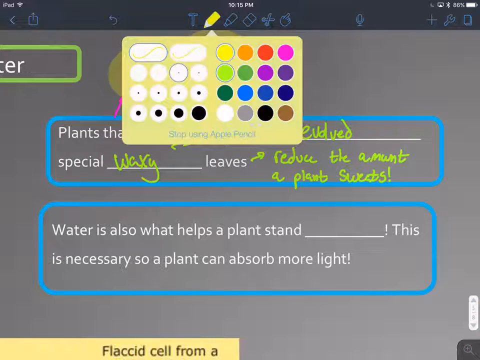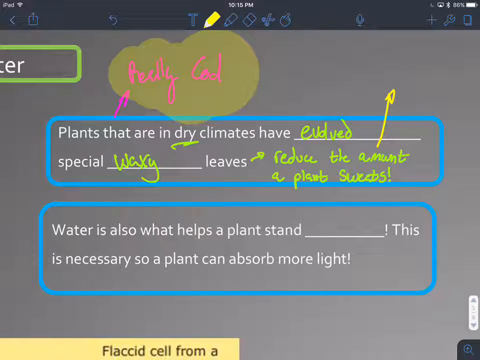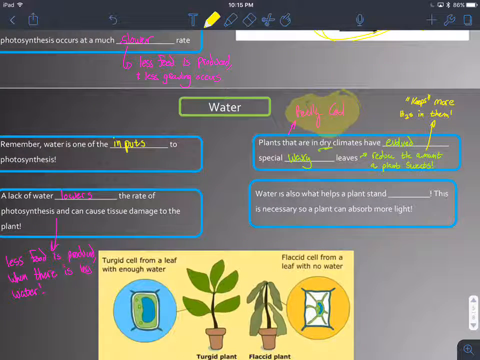Okay, and in turn, this keeps more water in them. So these waxy leaves can be very important, especially in desert areas or areas where there's lots and lots of sunlight and maybe not so much water. And if you go into your yard, I guarantee there are some plants there that just have waxy leaves.